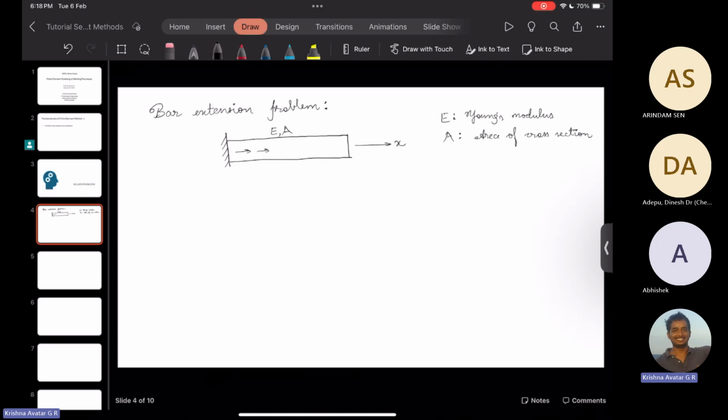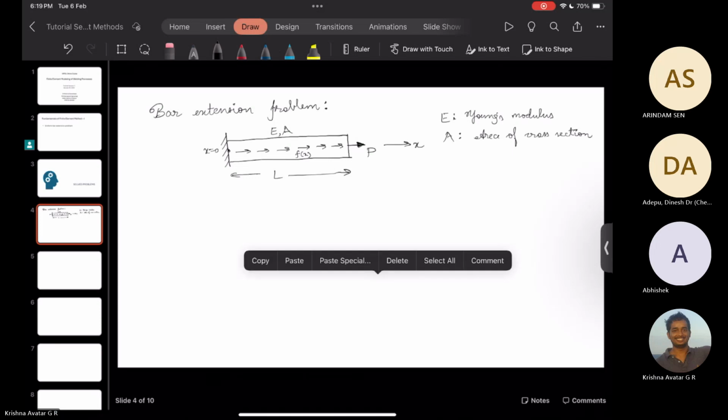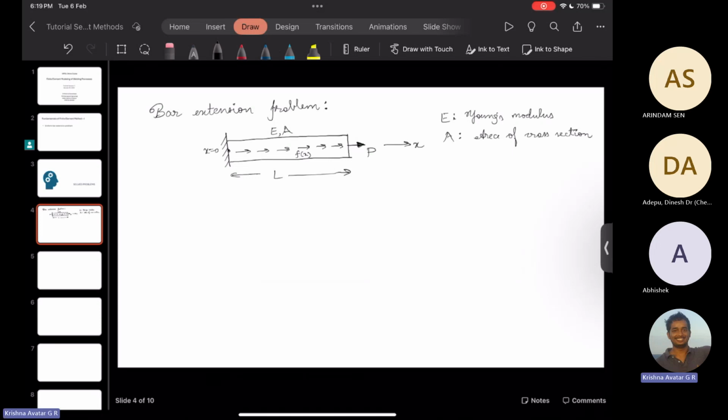We can have a distributed load, and say we have some concentrated load P here and some distributed load f of x, and the length of this bar is L, and this is the origin. The left hand side is fixed. We want to solve this problem using finite element method, and we'll introduce every term as required.